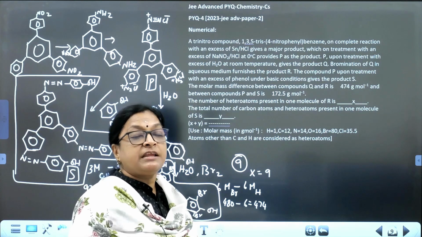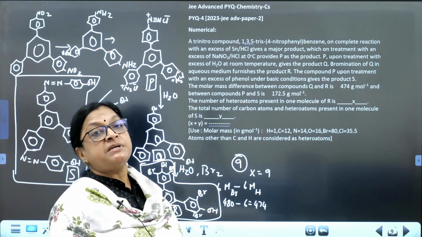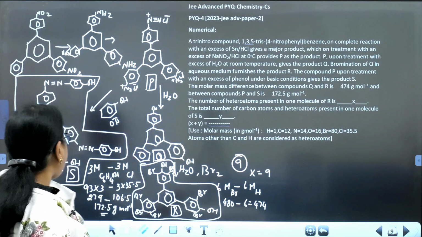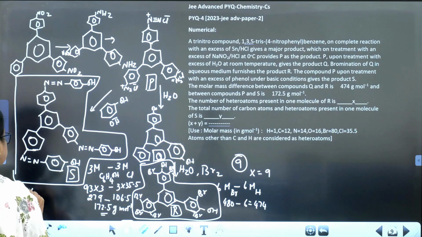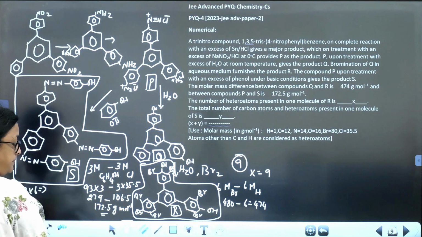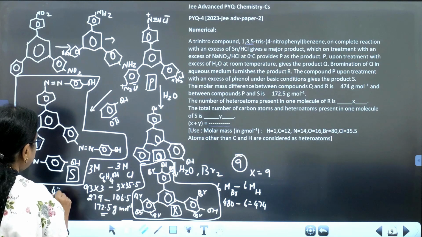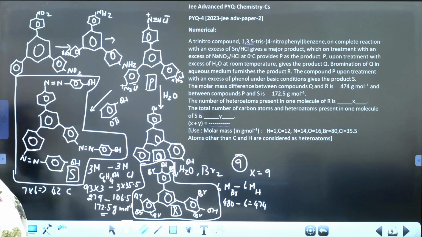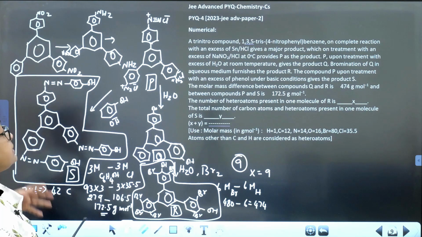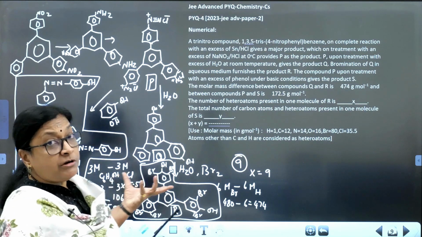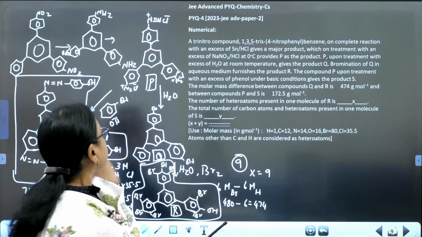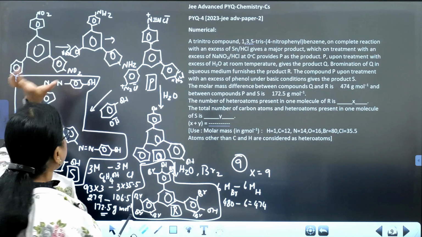Each phenyl ring has got 6 carbons in it. So you have 7 into 6 number of carbon atoms, which comes out to be 42 carbon atoms plus the number of heteroatoms. Means you need not count hydrogens in this. So let us see the heteroatoms.